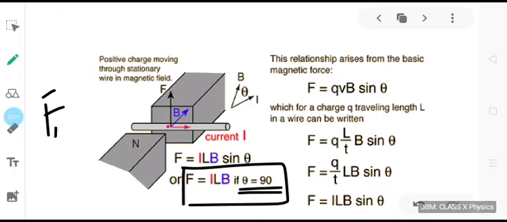So the maximum value of force is equal to ILB, where I is current, L is the length of the conductor, and B is the strength of the magnetic field. If theta is equal to 0, that is the conductor has been kept in the same direction as that of the external applied field, then sin theta will be equal to 0, and in that case force will also be equal to 0.